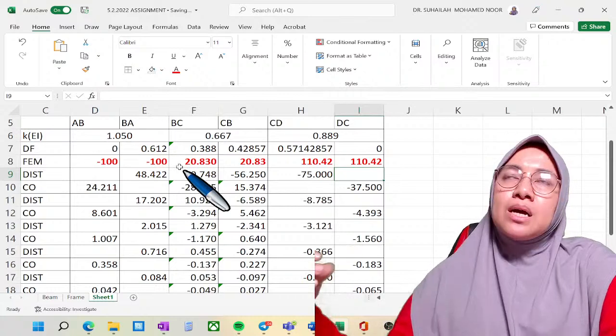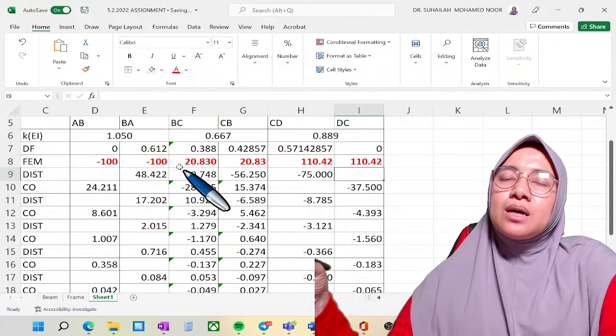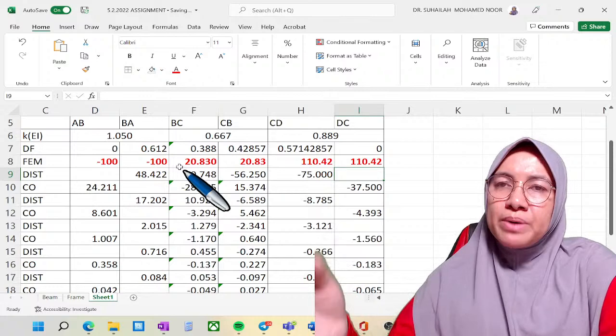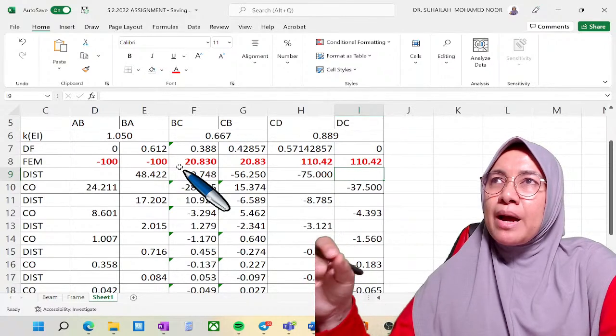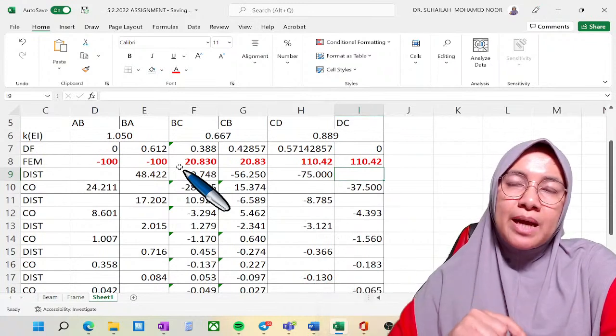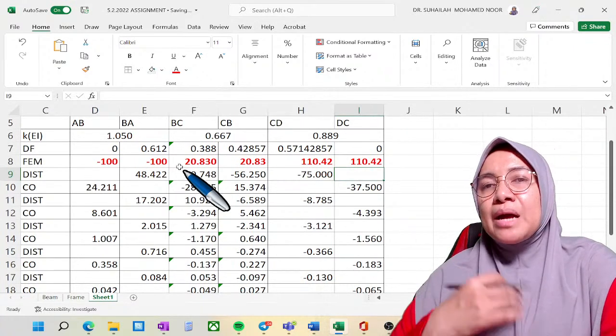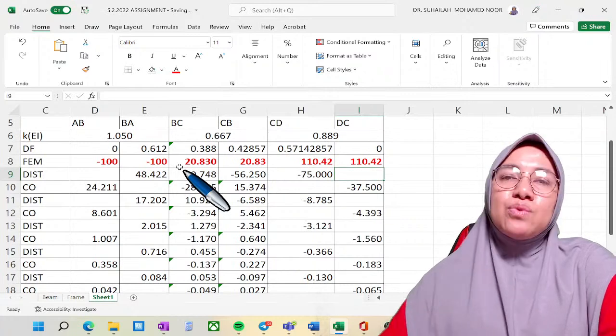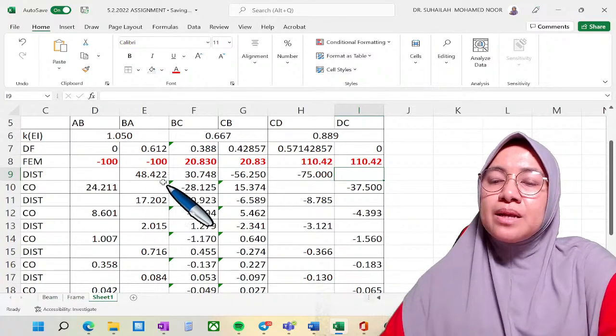Using this value, we have to repeat the same step. In the table, we have to distribute moment. We distribute moment by using joint moment. Joint moment is opposite with member end moment. So find joint moment times the distribution factor, and then we will get the distribution value.